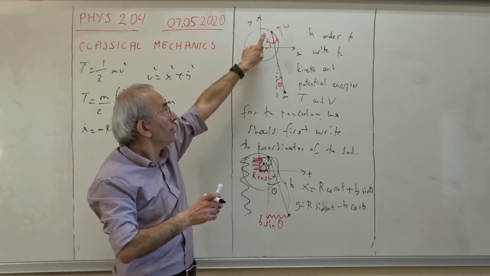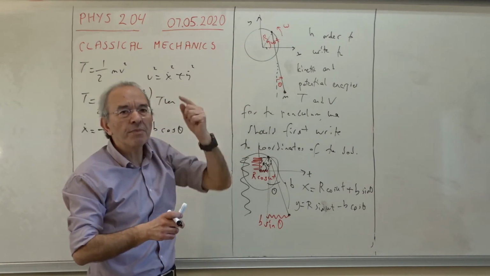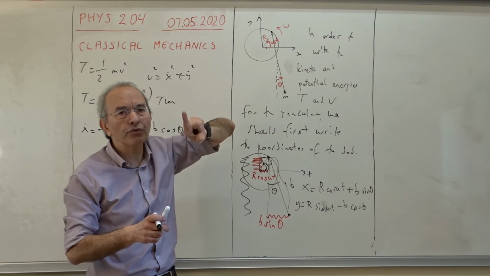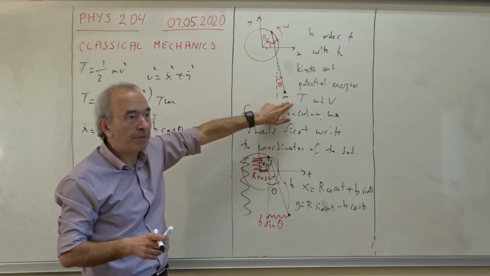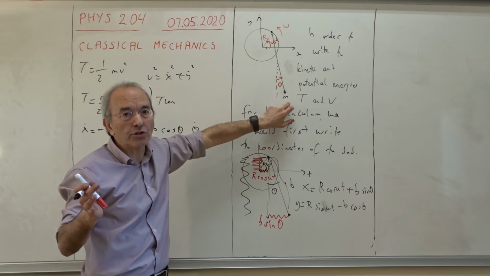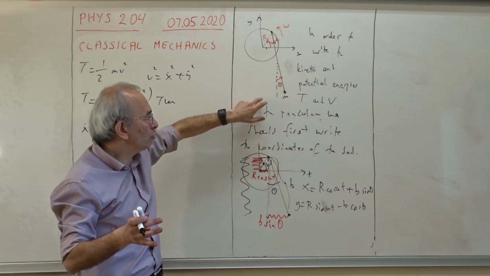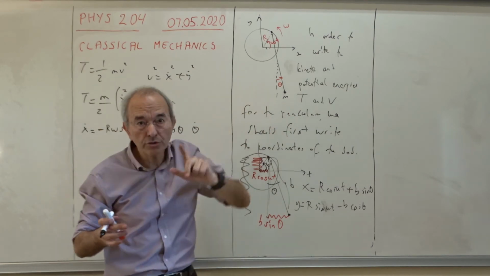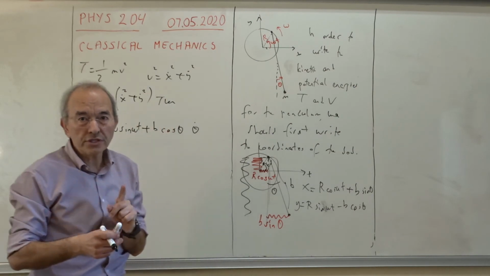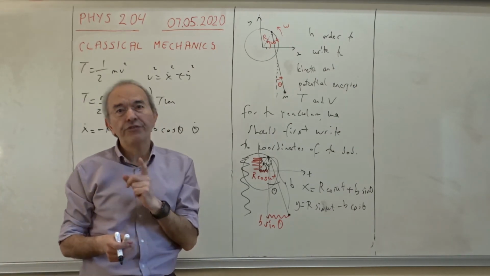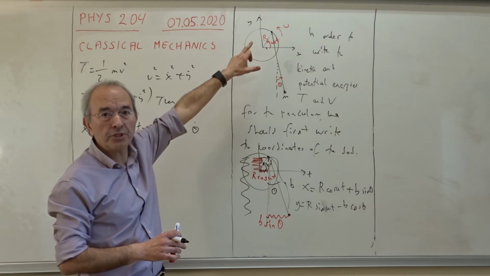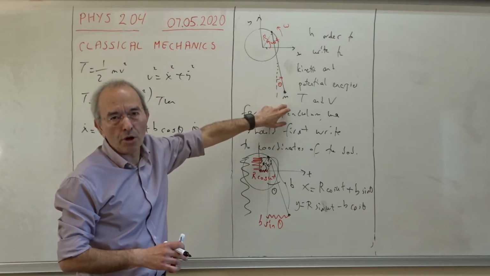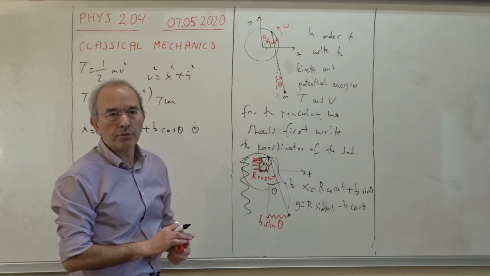This part is turning, sweeping equal angles in equal time intervals. However, here for the pendulum, it is theta dot, and it changes from position to position, angle to angle. So please don't confuse omega and theta dot in this case. Omega and theta dot are different angular velocities. One for the upper tip, the other for the bob or rope.